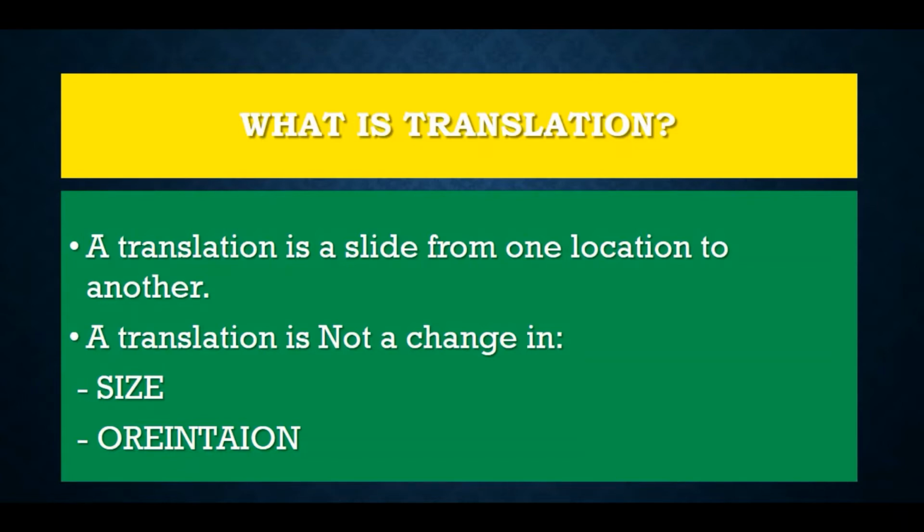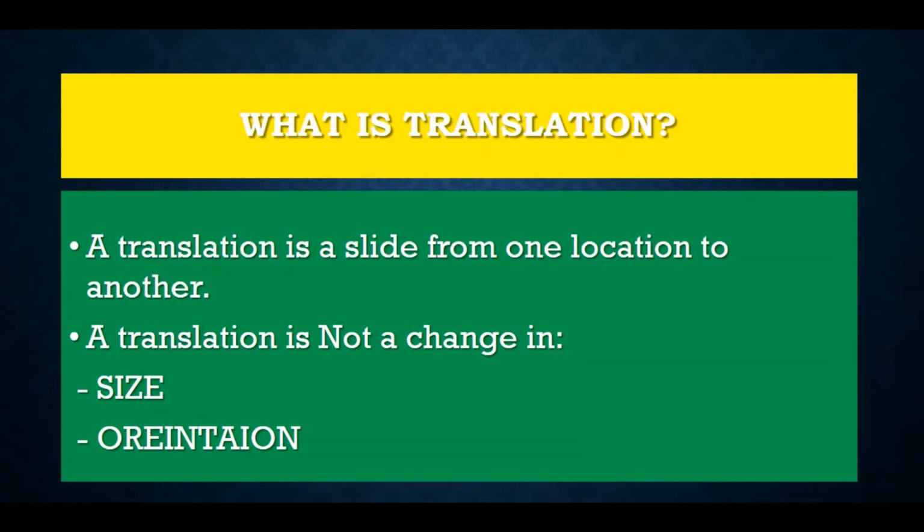Then that's an example of a translation. Let's say that you move from one point in your house to another point in your house, then that's an example of a translation. Even my screen here, when I slide from one screen to the next, that's an example of translation.